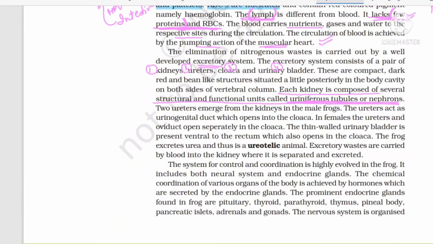So beta, in humans also we say nephron, and nephron is also known as uriniferous tubule. Two ureters come out from the kidney, and the ureter acts as a urinogenital duct which opens into the cloaca. Is it clear? In male it will be this condition, but in female, ureter and oviduct open separately in the cloaca.